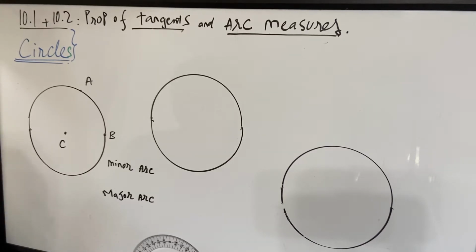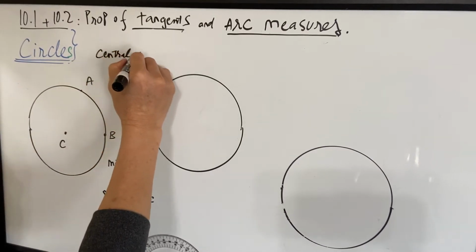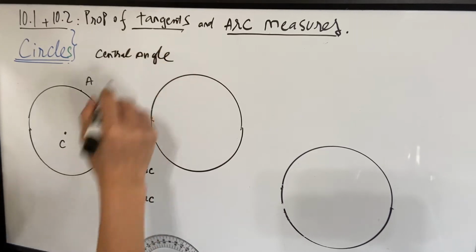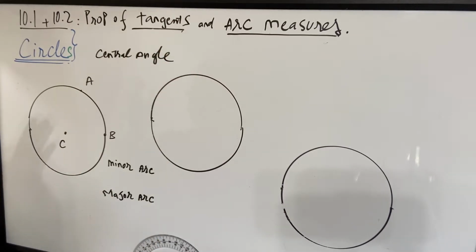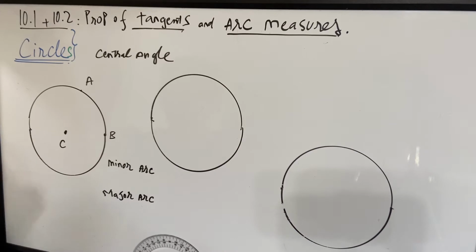The first thing I'd like for you to capture is the vocabulary again, and that is central angle. What is a central angle of a circle? A central angle of a circle is an angle whose vertex is the center of the circle.